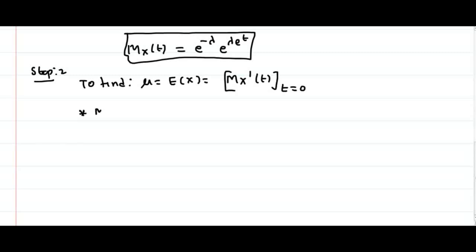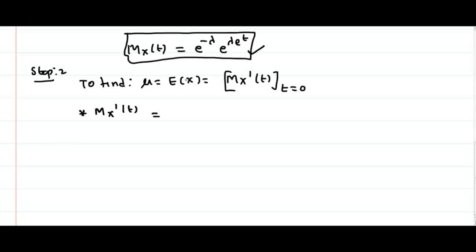Now first we find M_X dash of t, which means differentiating the moment generating function with respect to t. M_X of t is e power minus lambda into e power lambda e power t.